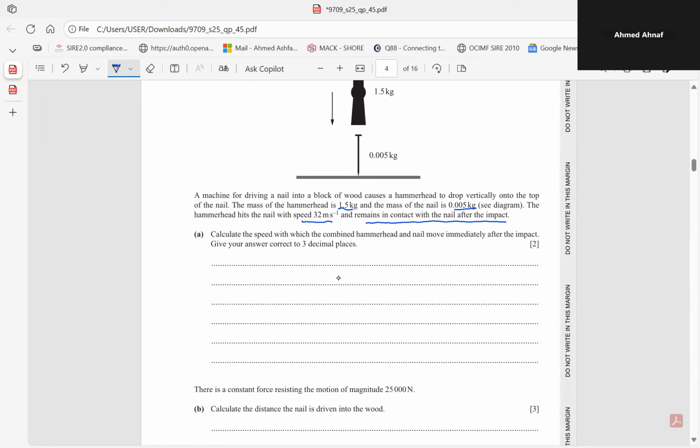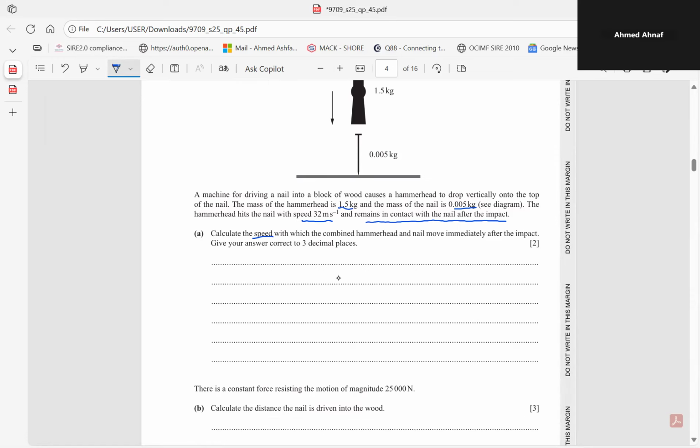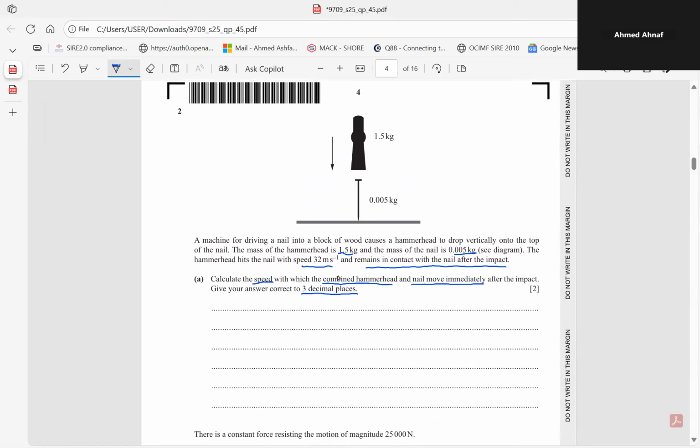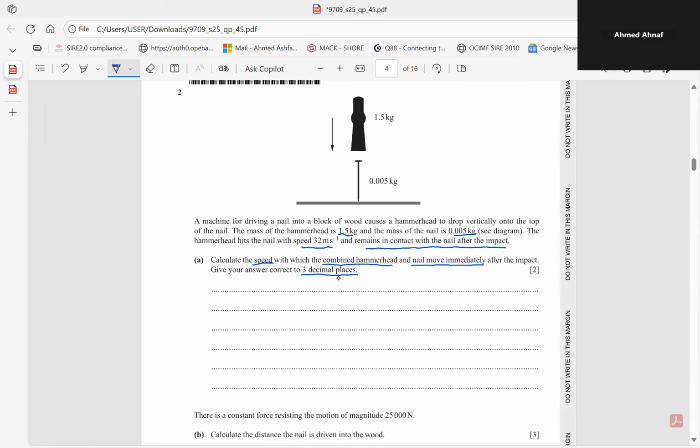Okay, so for the first part, we have to calculate the speed with which the combined hammerhead and nail move immediately after the impact. Give your answer correct to 3 decimal places. For this, we would have to use our conservation of momentum formula. So let's calculate the initial momentum for the hammerhead and the nail.